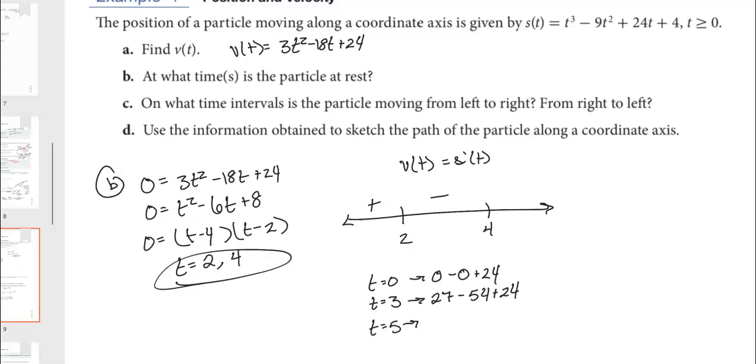And then if we plug in 5, we're going to have 3 times 5 squared minus 18 times 5 plus 24. So where the derivative is positive, the particle is going to be moving from left to right. And then where it's negative, it's going to move right to left.